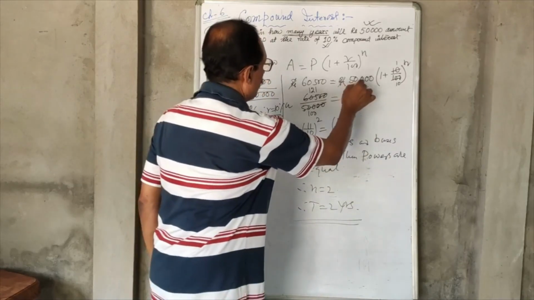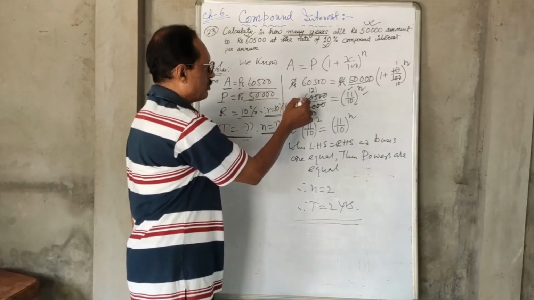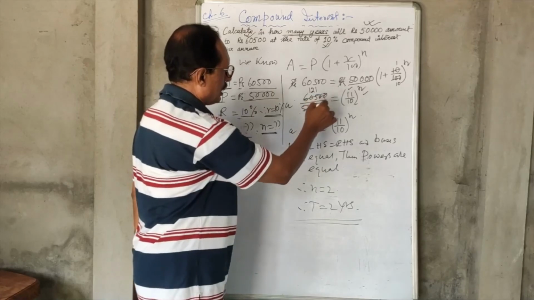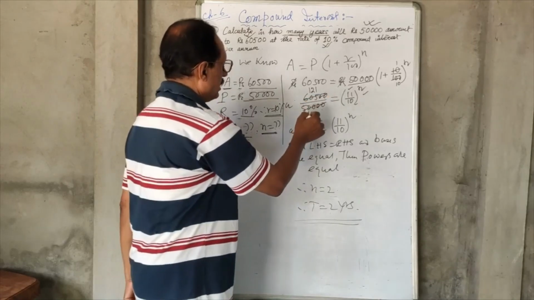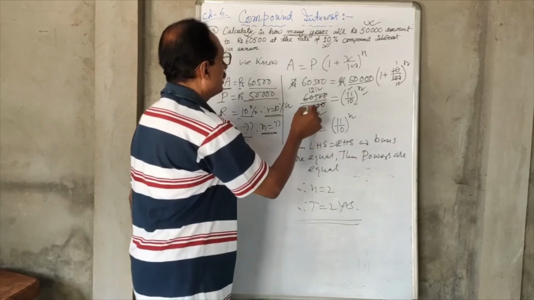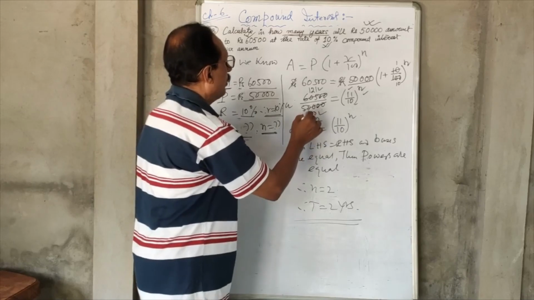And this 50,000 rupees we are shifting from the right hand side to the left hand side. So it is 60,500 divided by 50,000. Firstly we cut 2 zeros and divide by 5, and we get 121 by 100. So 121 is the square of 11 and 100 is the square of 10.